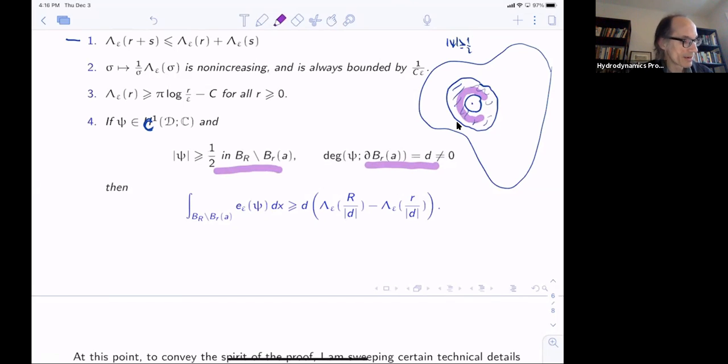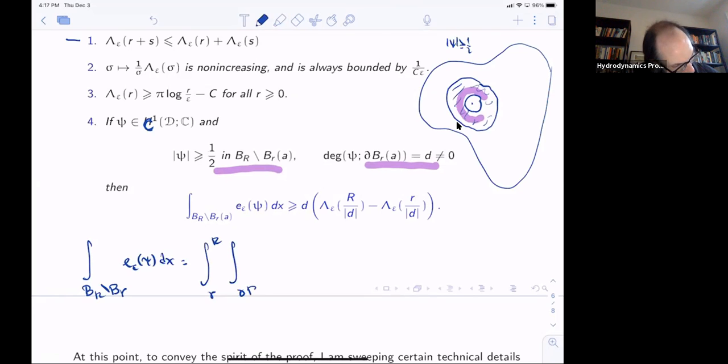Then from the previous lemma, we get the integral from little r to capital R of the integral over the sphere of radius s, with Hausdorff measure, surface area, or arc length if you like.